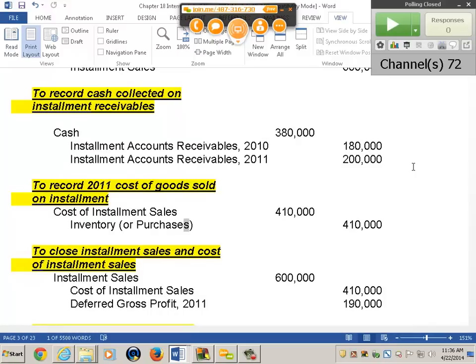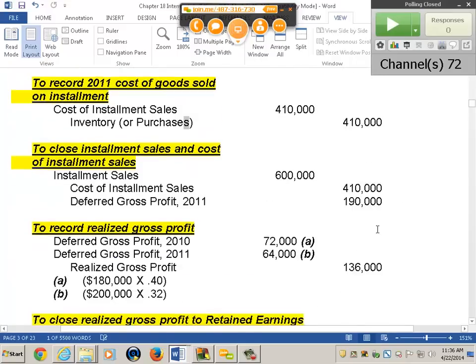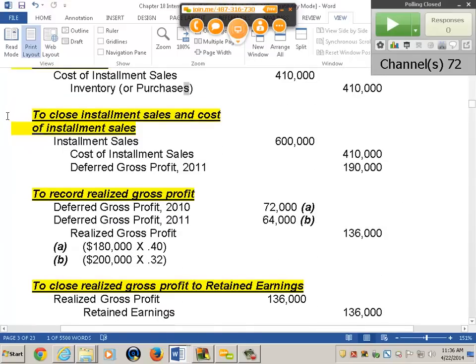Now, the differences are here, and this is where we got to pay some attention. The differences are in these 3 closing entries. The first is going to close installment sales and cost of installment sales to an account called deferred gross profit. The deferred gross profit is a liability. It is like unearned revenue.